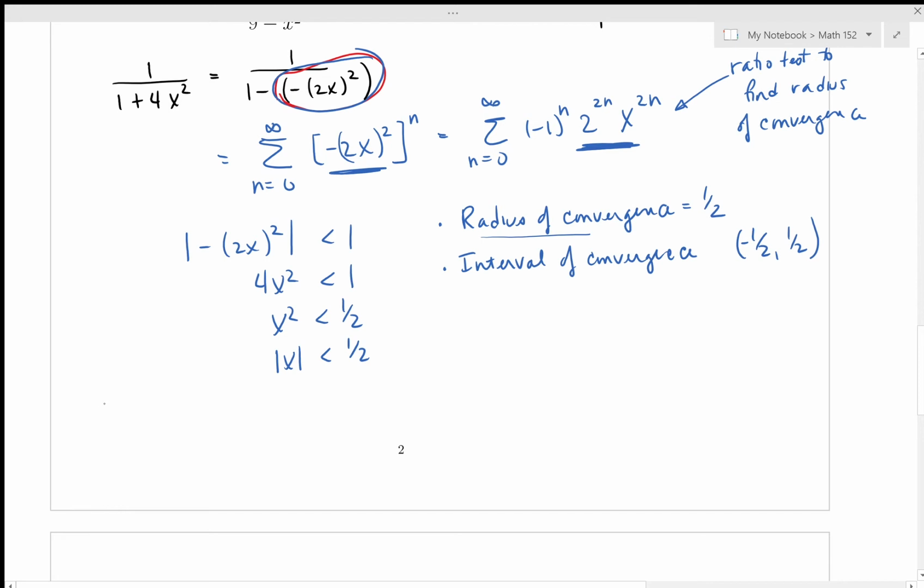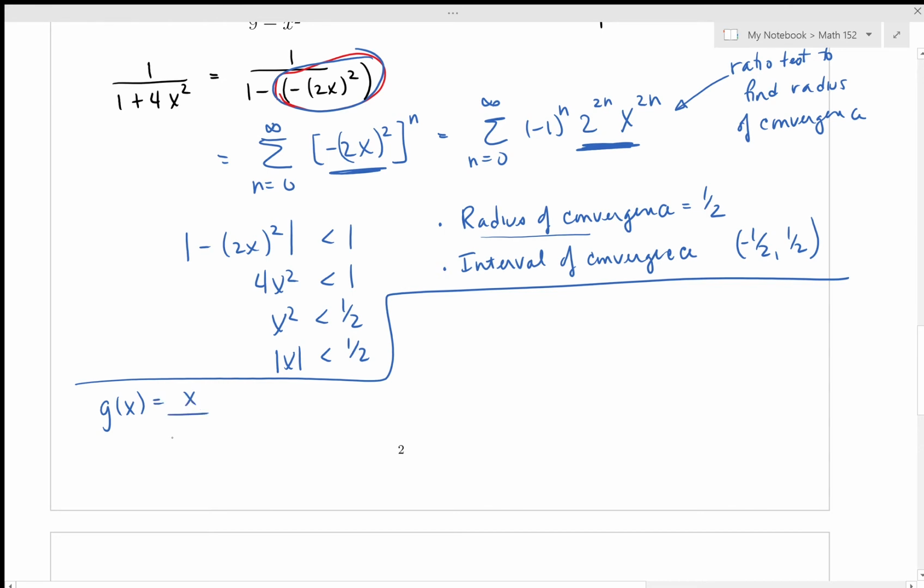So g of x, the second problem, it looks like this: x over 9 minus x squared. So I'm going to write that like this. I'm going to factor out that x in the numerator, and I'm going to write this as 1 over 9 times 1 minus x over 3 squared.